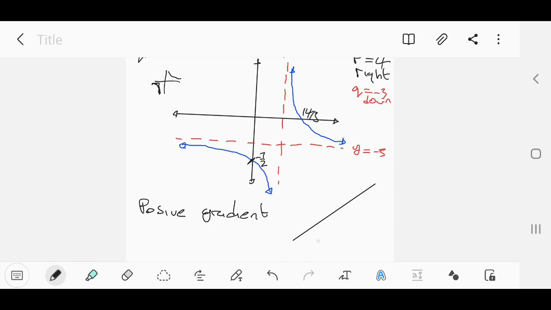So this is a line with a positive gradient. This is a line with a negative gradient, right? So the one with a positive gradient, the axis of symmetry, we get it by this equation: y equals x plus c. And the one with a negative gradient, we get it with y equals minus x plus c, right?